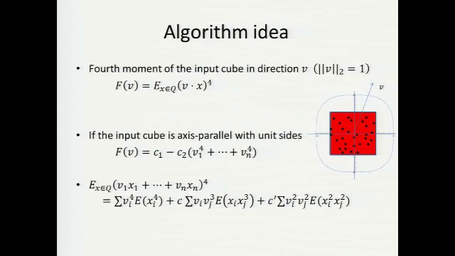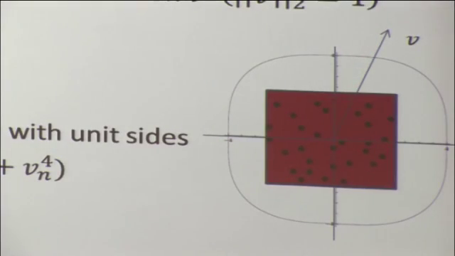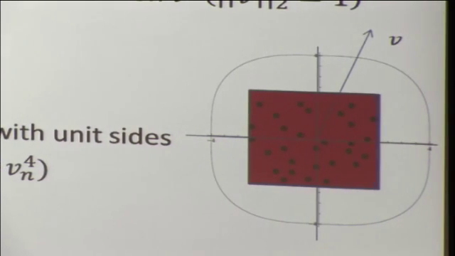Okay. So here's the idea. We look at the fourth moment of the input cube in direction v. So v is some vector in R^n with length 1, so like this. And let's say the cube is like this. It's axis parallel just for the moment. Its sides have unit length.